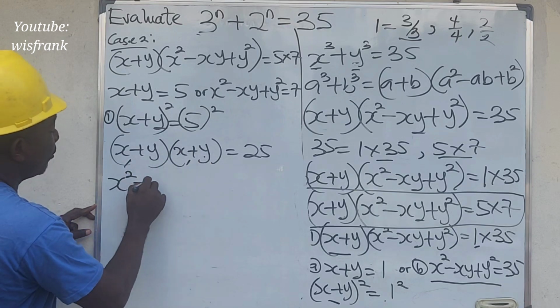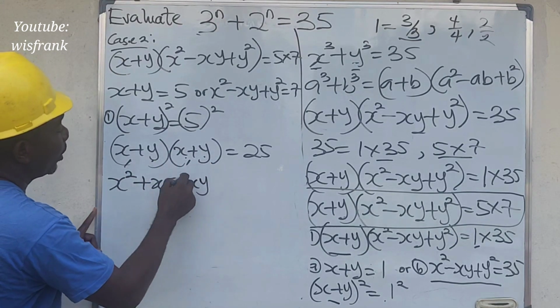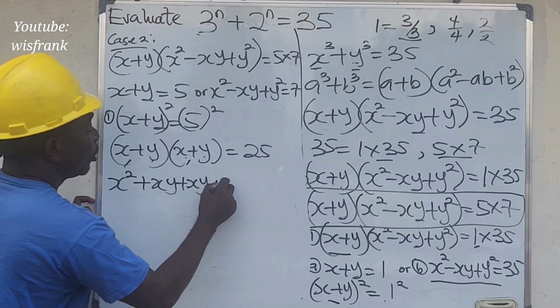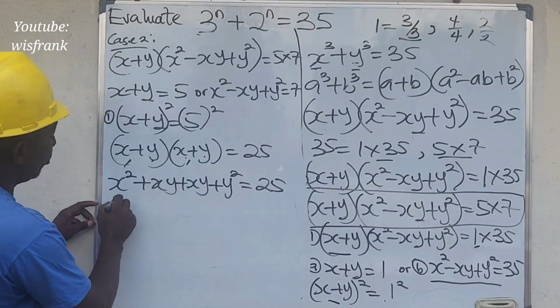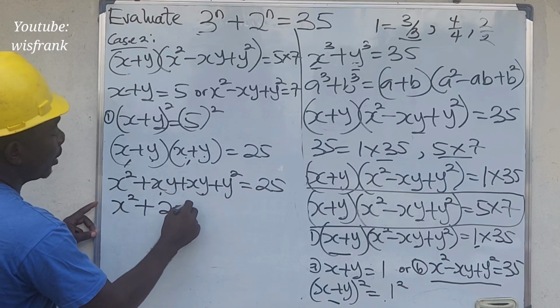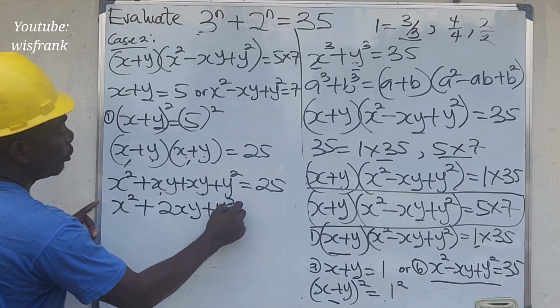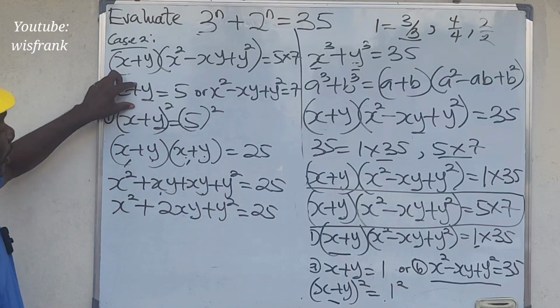X times y, we have xy. Y times x, we have plus xy. Then y times y, we have plus y to the power of 2 equals 25. So here will become x to the power of 2 plus, when we add this and this, 2xy plus y to the power of 2 equals 25. So this is what we have for the first part.